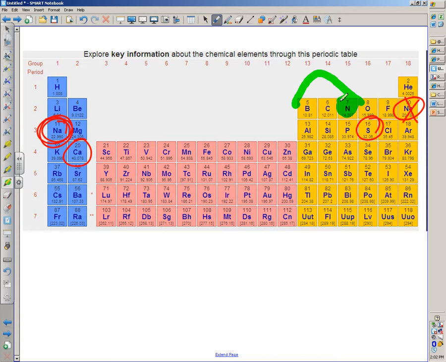They repel. So nitrogen may be closer to being stable by having 8 electrons, but the electrons already there don't like that extra electron. So is it real probable that nitrogen's going to pick up another electron? No, because the ones it already had didn't like the extra one it picked up to begin with. Is it going to like it if it picks up a second extra one?